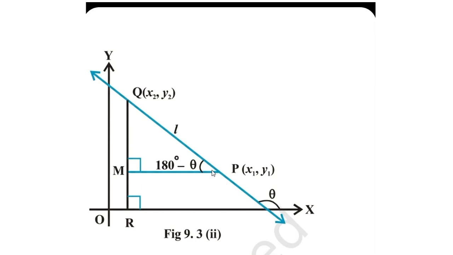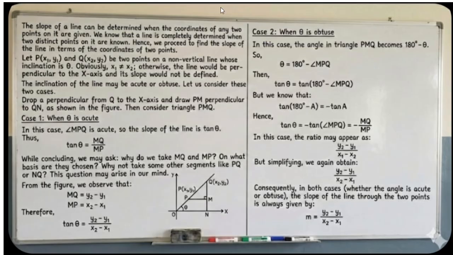How can we get it? We want tan of 180 degrees minus MPQ. Let me call that A. It becomes minus tan of MPQ. This becomes minus MQ divided by MP. MQ, as usual, is y2 minus y1. But in this case, MP becomes x1 minus x2.